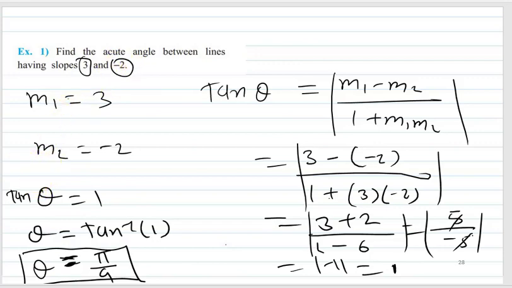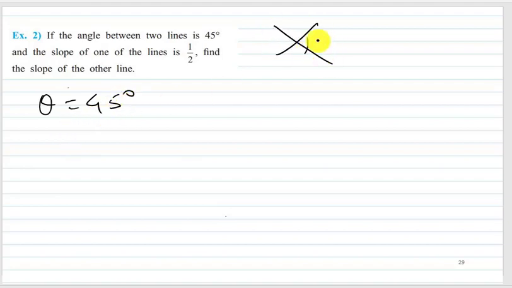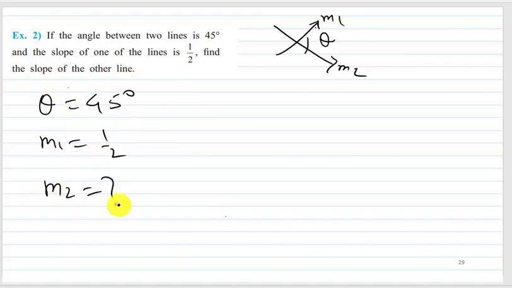Okay. Now let's take the second example. Here they are saying if the angle between the two lines is 45 degree, that means theta is given, 45 degree, and the slope of one of the lines is 1 by 2, that means m1 is given, and find the slope of the other line, that is m2 we have to find.